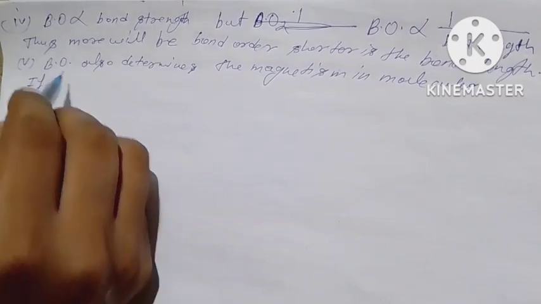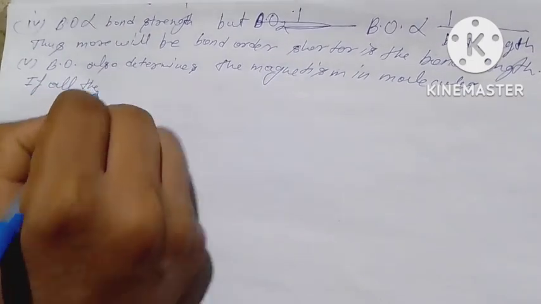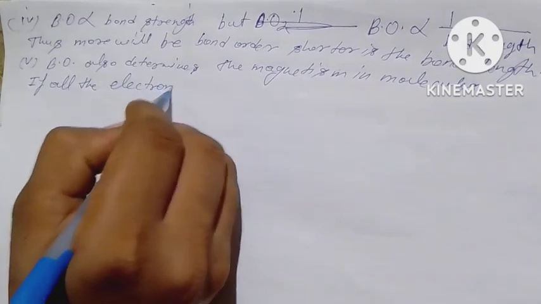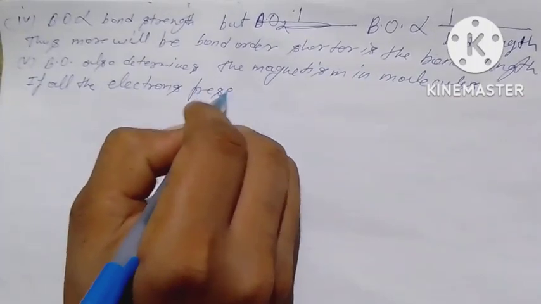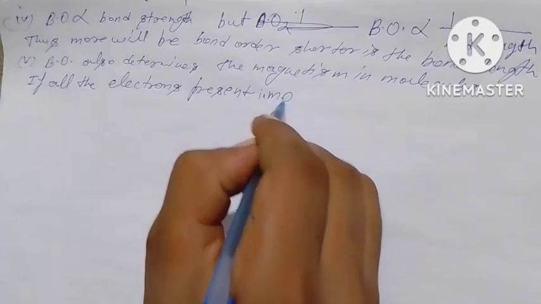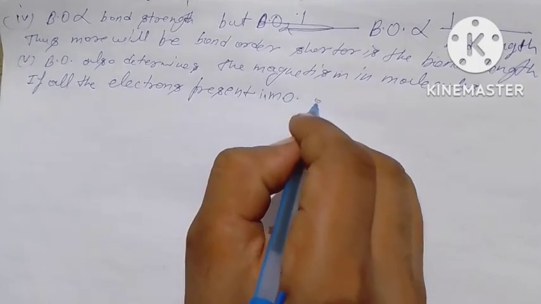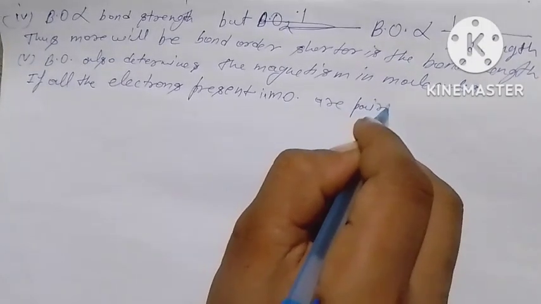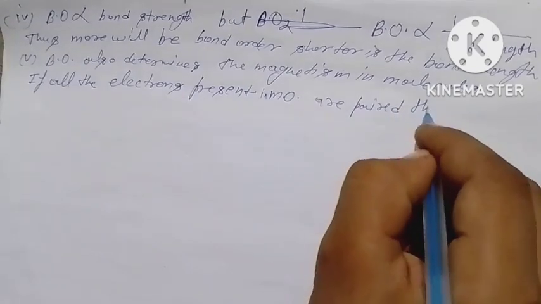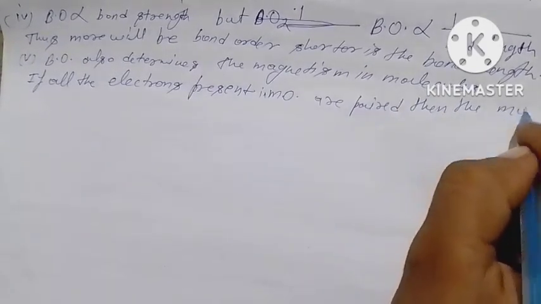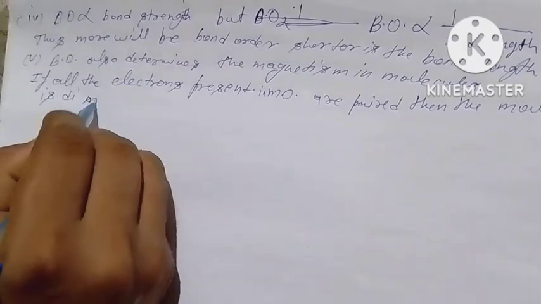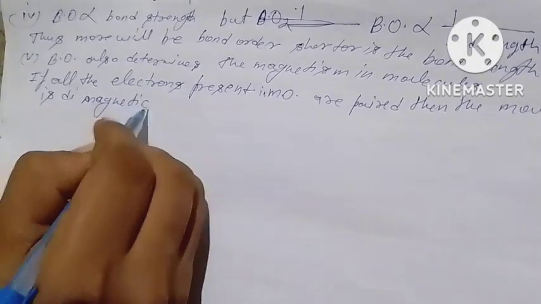If all the electrons present in molecular orbitals are paired, then the molecule is diamagnetic.